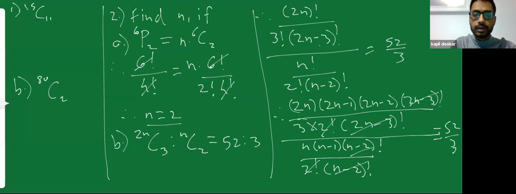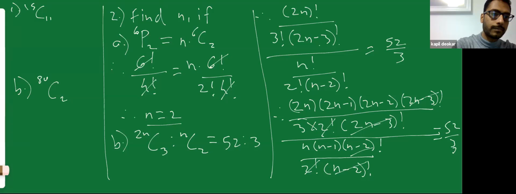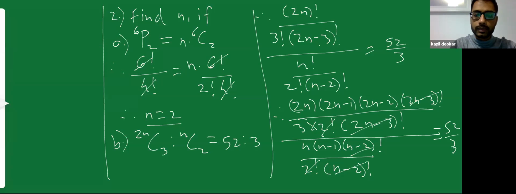Okay. So how can I simplify this further? I'll erase this portion. Yep. So next step I'm writing over here. So how can we simplify? I can write 2n as 2 into n.